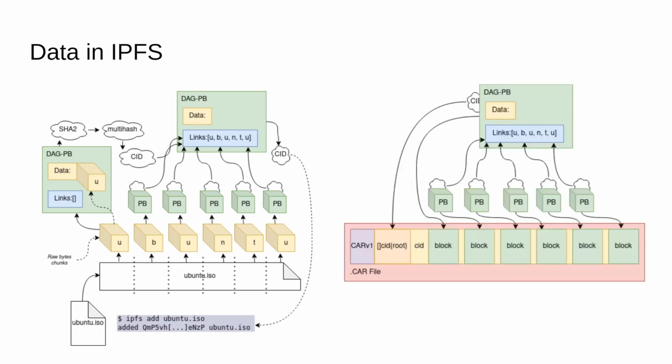Then we can also put those DAGs into what we call CAR files, which is just a way to store an IPLD graph or a DAG on disk in a file. That's important because Filecoin uses those CAR files a lot.